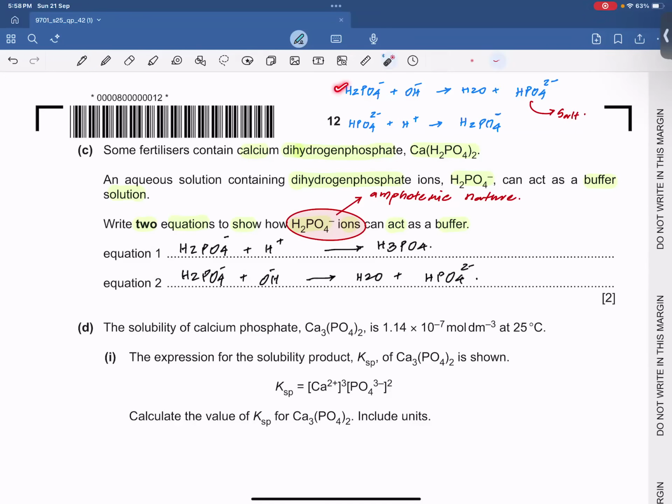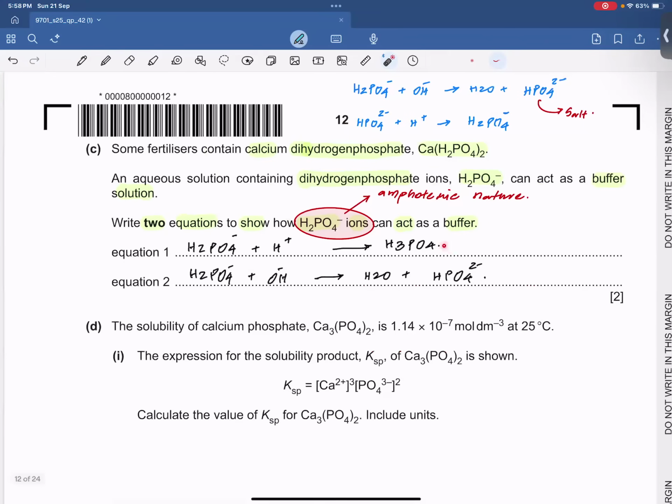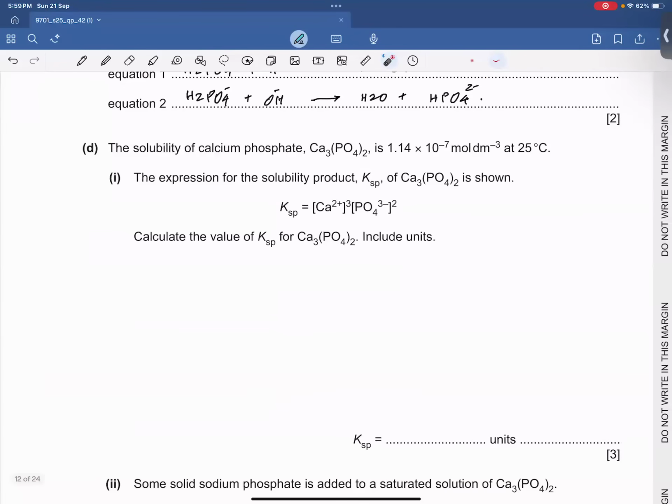So this could be an answer too, but I'm sure this is acceptable in the paper. I believe both of them are acceptable. Both of them need to be acceptable in the paper.